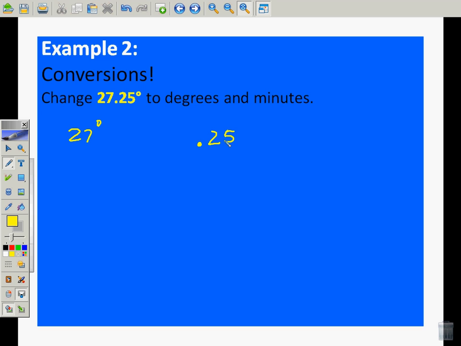Okay? So, if there are 60 minutes in 1 degree, then 0.25 degrees would be how many minutes? Sorry, I need to redo this. Then we're going to have 0.25 degrees is equal to some number of minutes. Okay, so let's cross multiply.